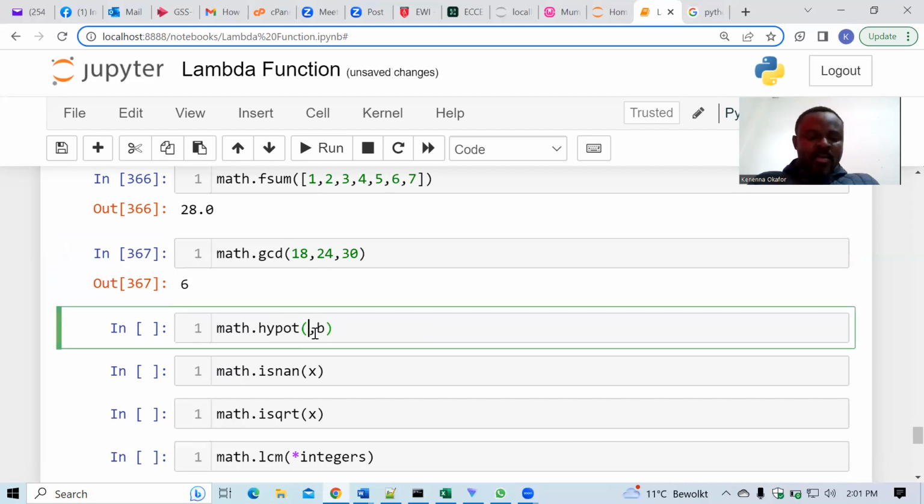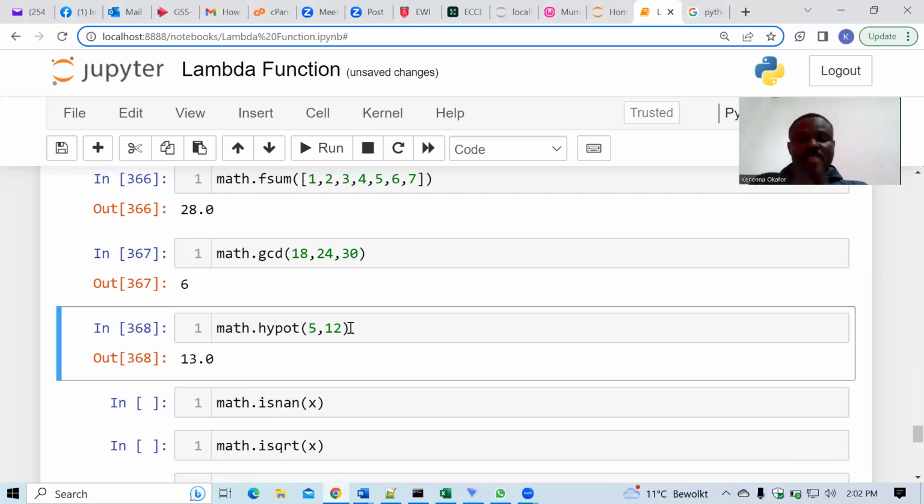So if I have the base here, 5, and the perpendicular side as 12. So I need to square the arguments. Square of 5, 25, square of 12, 144. And I sum them up to get 169. And I'll look for the square root. The square root of 169 is 13. So you see that the answer will be 13. So that's it, guys. That's how you use the hypot method.